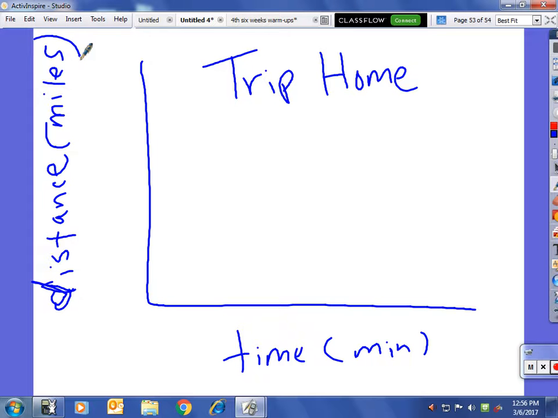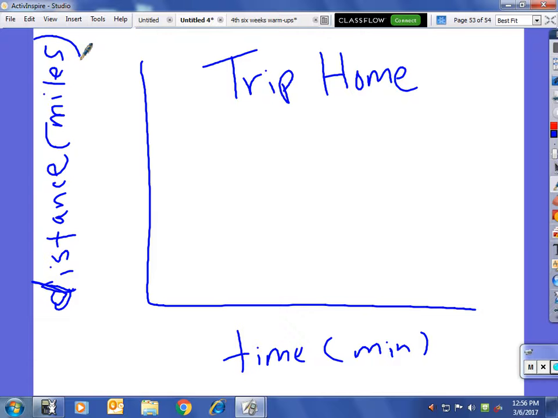Now, let's talk about our domain and range values. Because we've already figured out our domain and range for this situation. What do y'all want to talk about first, the domain or the range? The domain. Let's talk about the domain, which is the x values, which is the time values. What's the lowest time value that makes sense? 0. That's before he started driving.